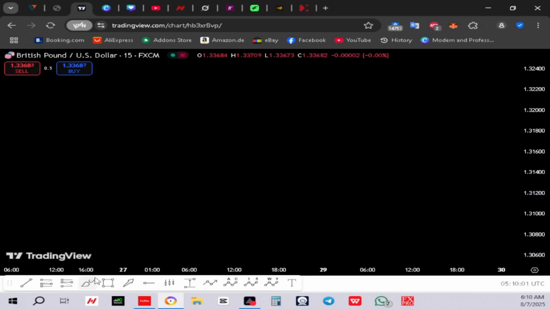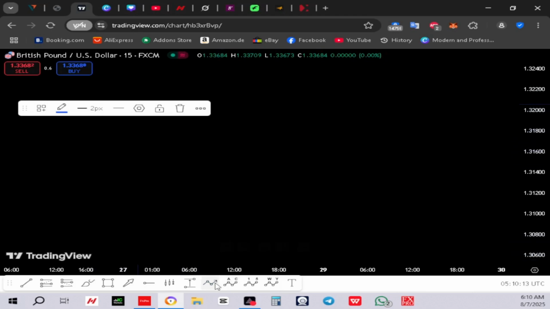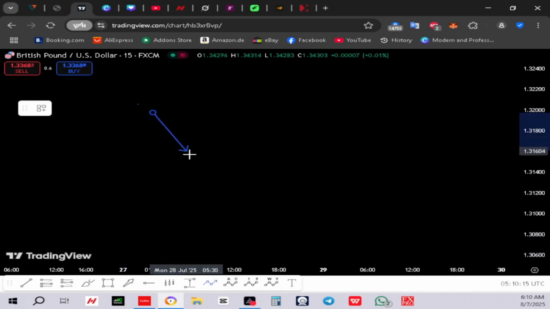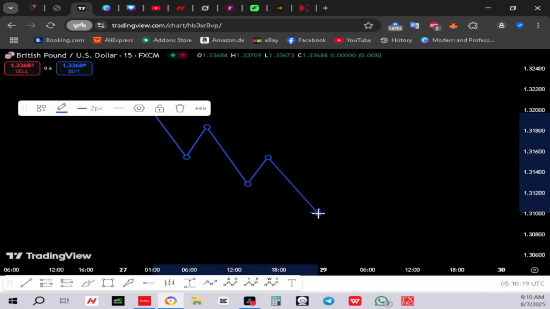So when we are looking at this, you'll be able to see that when we have a series of bearish candles, which is normally the red candle if your chart is at default, the market will be making a downward structure. The market will be making a downward move as so.